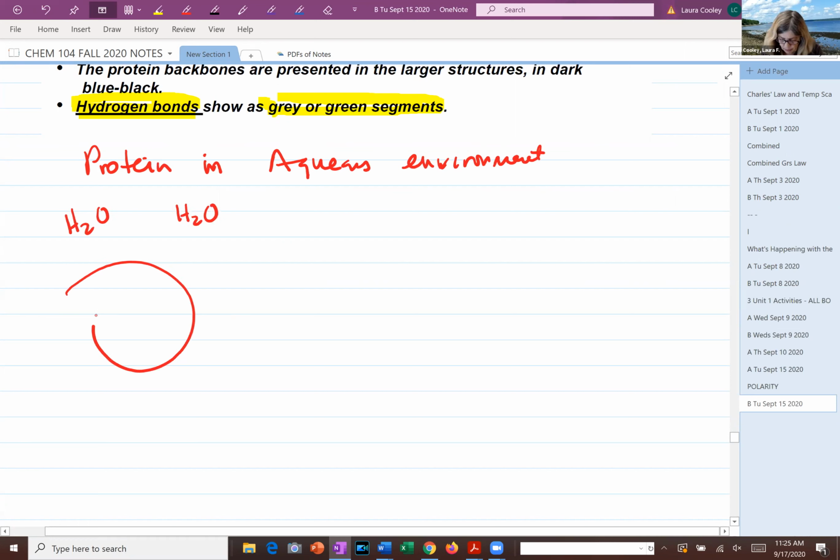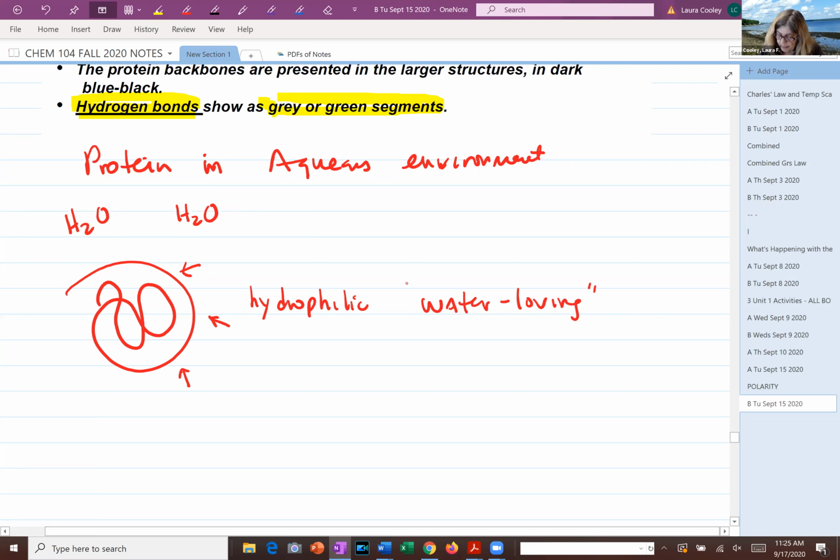So when the protein folds, you would want to have the more water-liking, we call those hydrophilic, that's water-loving, you would want to have the amino acids that have more water-loving groups, which basically means polar groups, on the outside.